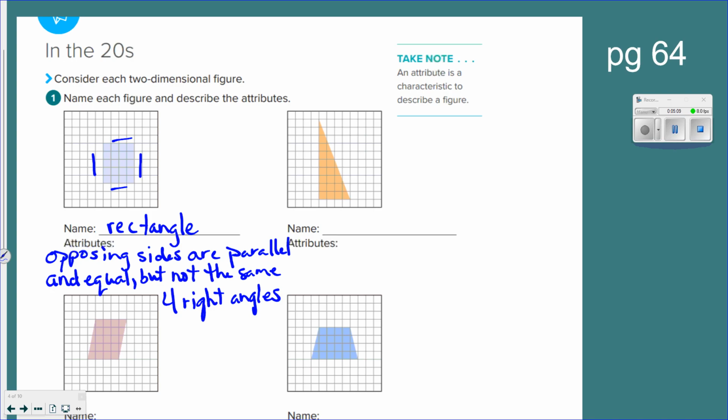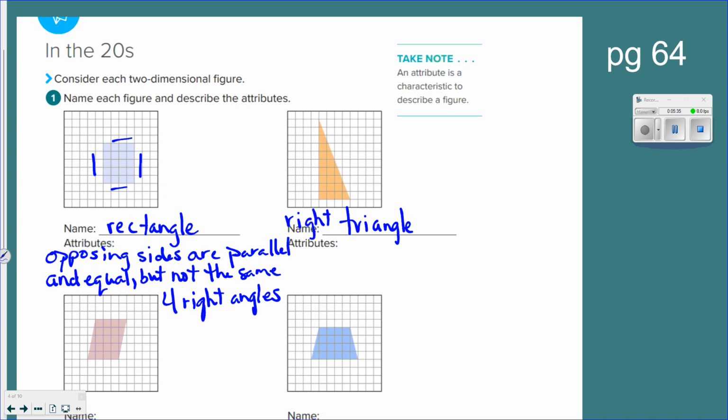What is that called? Triangle. Why? What makes that a triangle? Actually, could anybody be a little more specific? The right triangle. Okay? So what are the attributes that make this a right triangle? Right, it has a right angle.